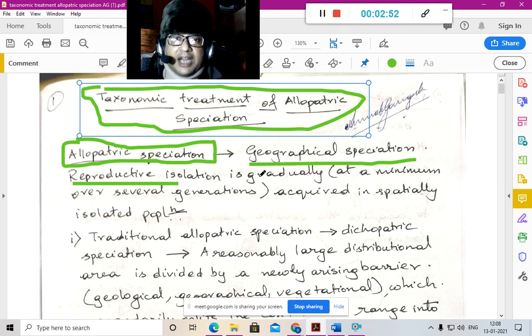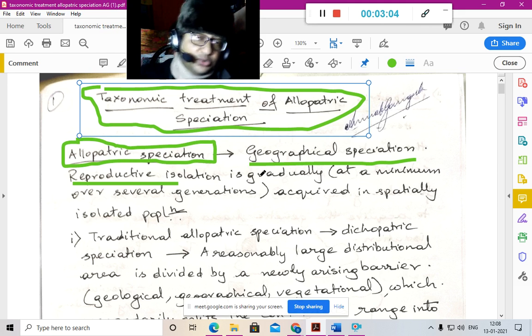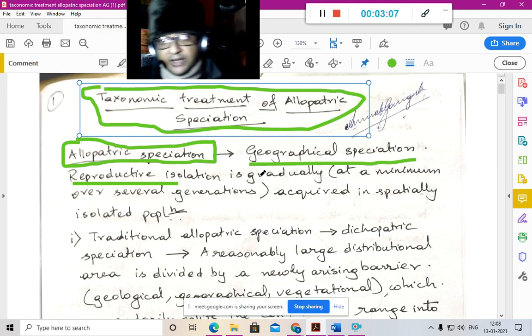Days and years and ages pass, and gradually on either side of the barrier the groups start developing. There is no mating between these two groups, so there is no gene flow from one group to the other, and they start to develop genetic differences. These accumulate over generations, and natural selection and other evolutionary processes take place.